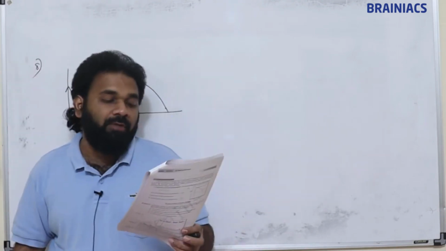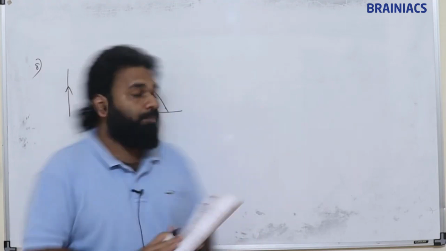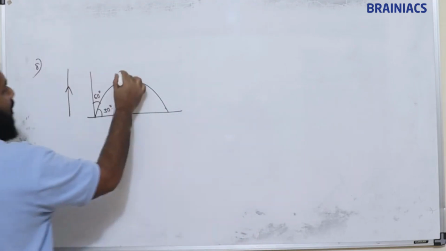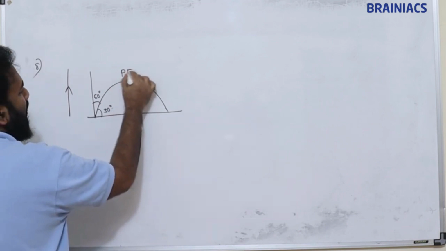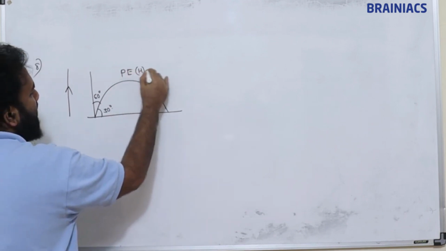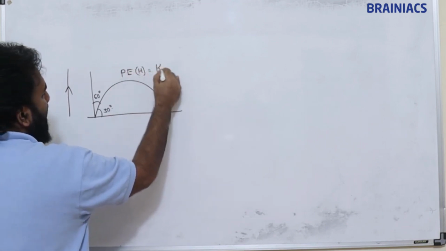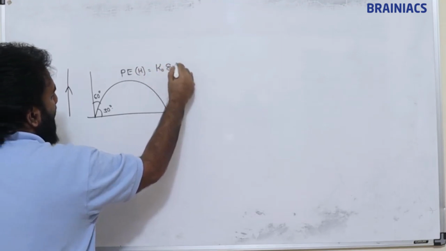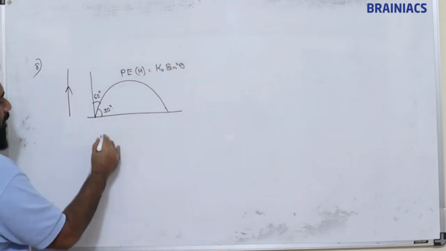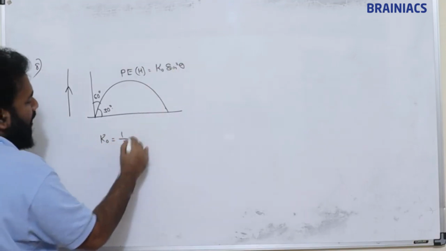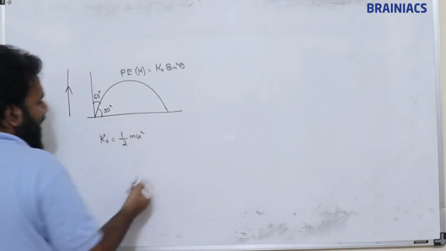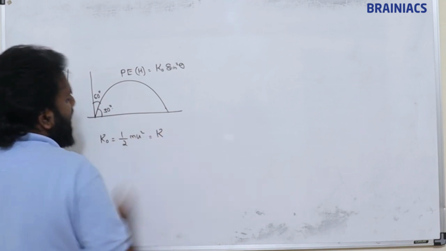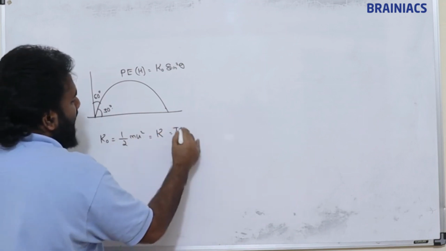Okay, ratio of their potential energy at the highest point. What is the formula for potential energy at the highest point? K naught sine square theta. What is K naught? K naught is half m u square, the initial kinetic energy, or nothing but total energy.